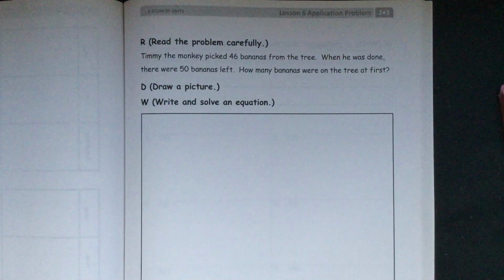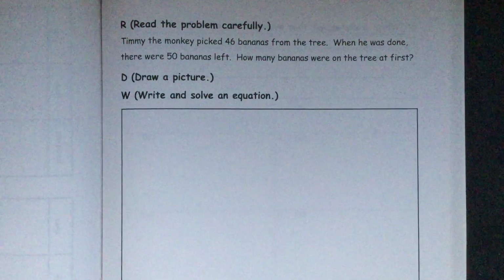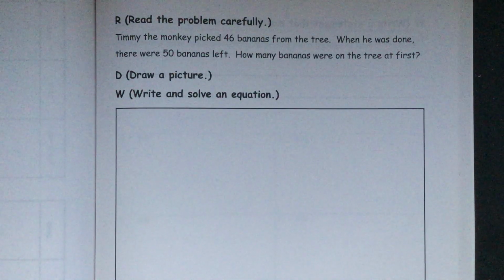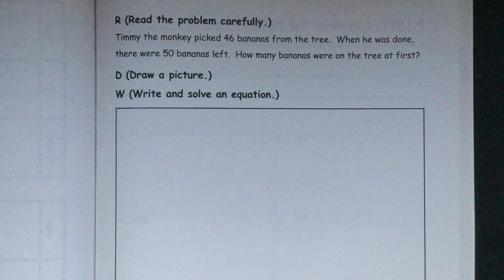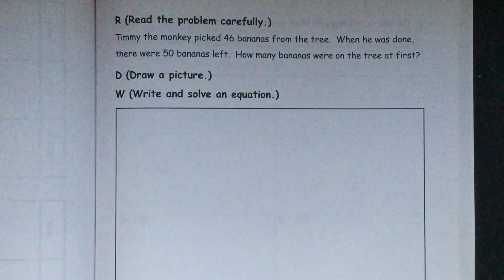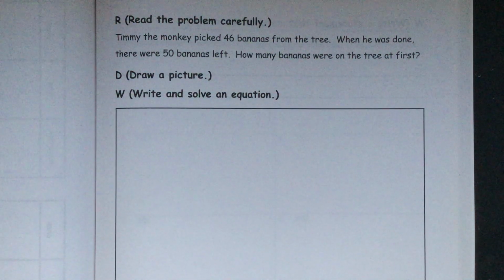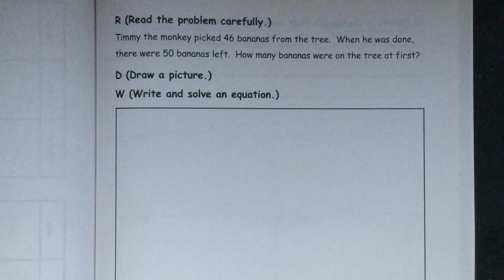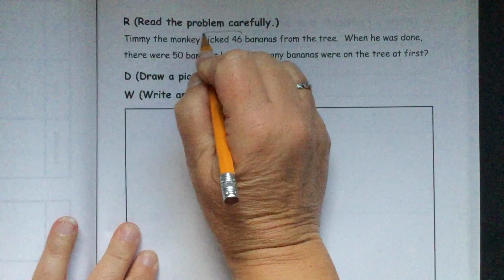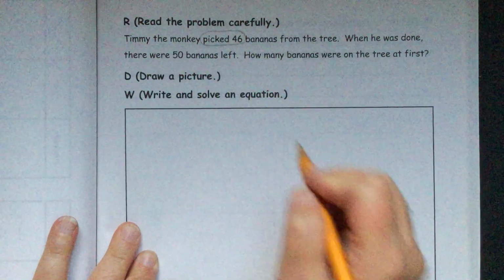Okay, so we're going to start with our application problem, which is: Timmy the monkey picked 46 bananas from the tree. When he was done, there were 50 bananas left. How many bananas were on the tree at first? Okay, so he picked 46 bananas.